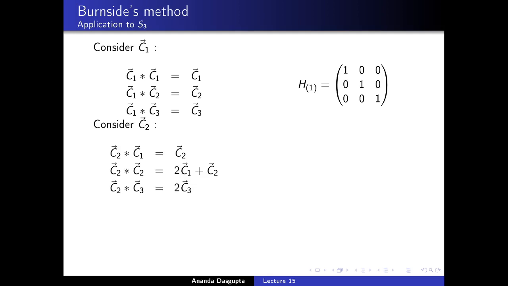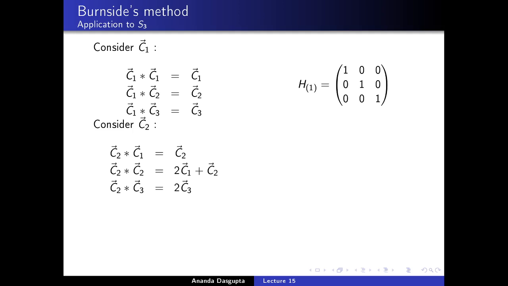Let's take a look at this particular equation. This tells us that h221 is 2 and h222 is 1 and h223 is 0. If you consider the matrix capital H2, then its 2-1 element is 2, 2-2 element is 1 and 2-3 element is 0.